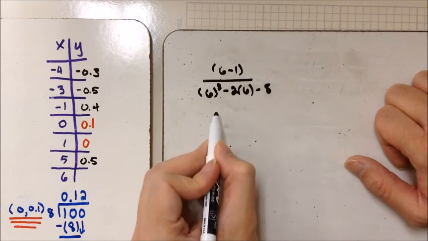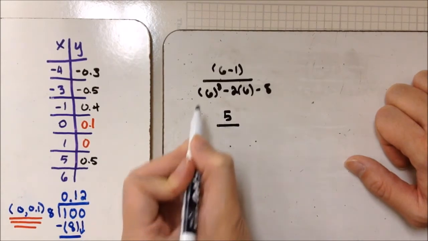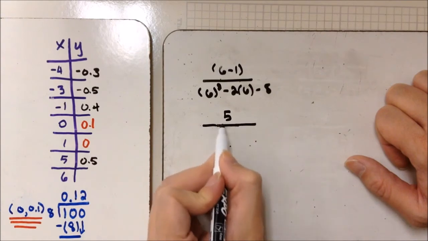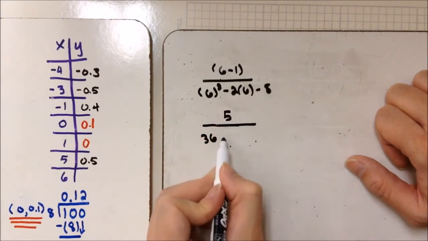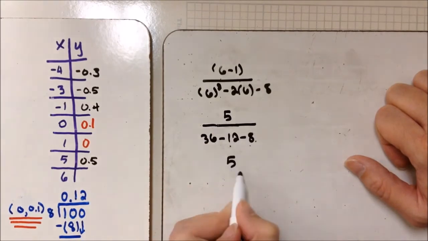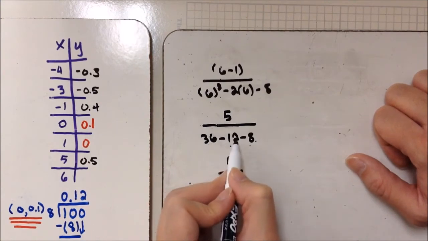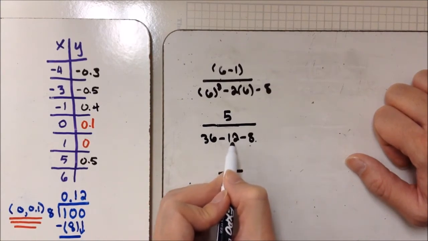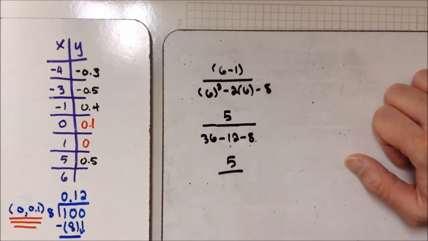Alright, so 6 minus 1 is 5 on the top. 6 squared is 36. Minus 2 times 6 is minus 12, and then minus 8. Now if we were to look at it from left to right, 36 minus 12, well that's 24. 24 minus 8 is going to be 16.